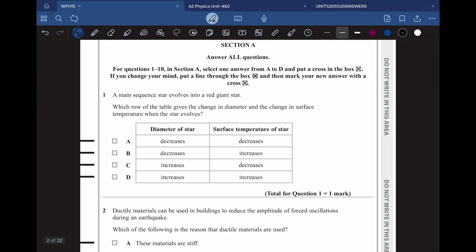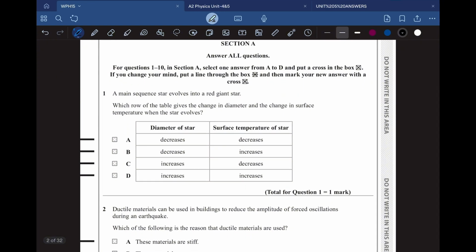Now here in section A, the first question says a main sequence star evolves into a red giant star. Which row of the table gives the change in diameter and the change in surface temperature when the star evolves? So basically they're talking about the diameter of the star and the surface temperature of the star.